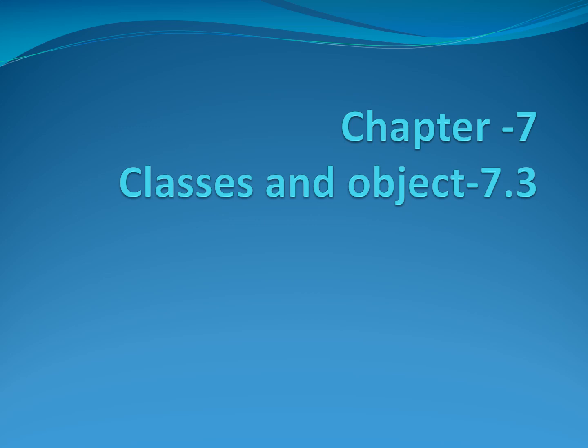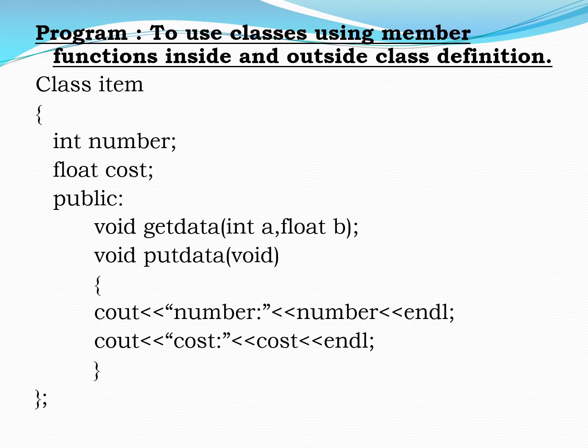Let us see what topics we are going to cover in this class. Firstly, we are going to start with an example of defining a class member function inside the class as well as outside the class. Here, we are going to see a small example of how to declare member functions inside the class and define them outside the class.